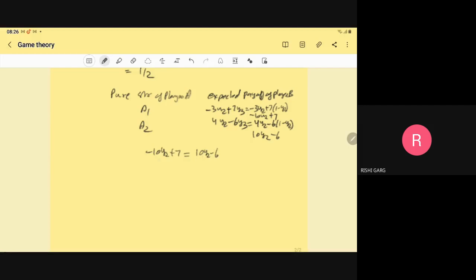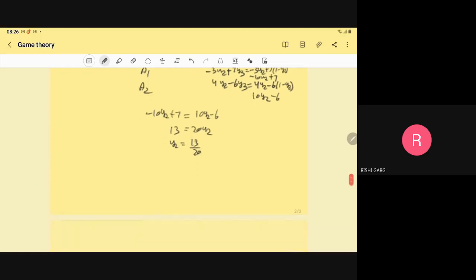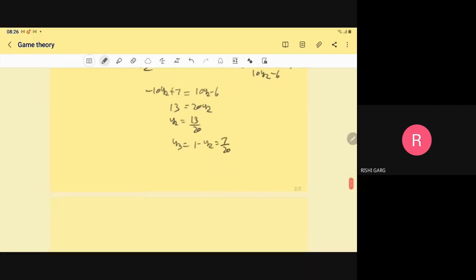So this will come 20y2 equal to 13. So y2 will be 13 upon 20. When y2 is equal to 13 upon 20, y3 will be 1 minus y2, that is 7 upon 20, and y1 we know is already 0.